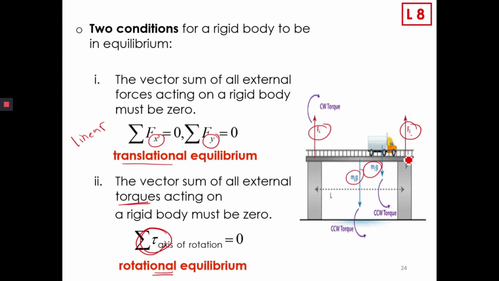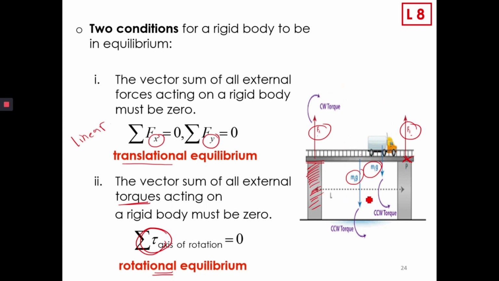Now here is considered as the pivot. So this lorry on this bridge will produce counterclockwise torques. Then the normal force from this one will contribute to a clockwise torque.